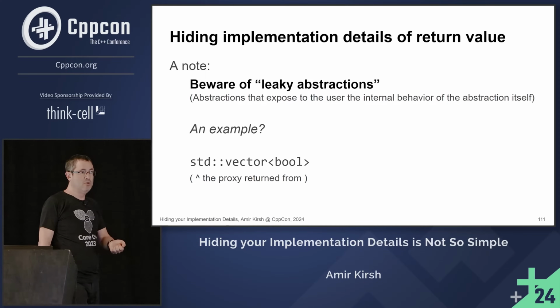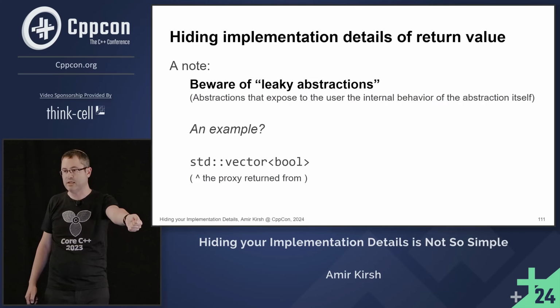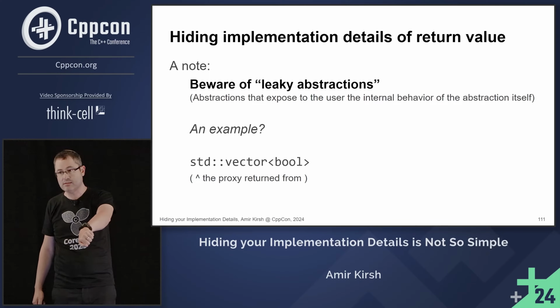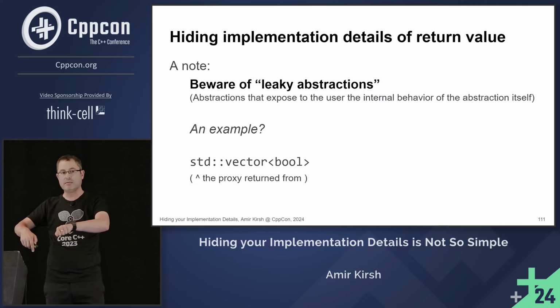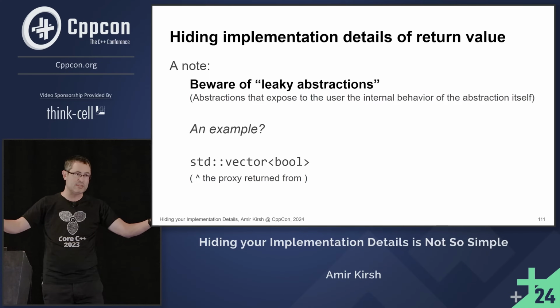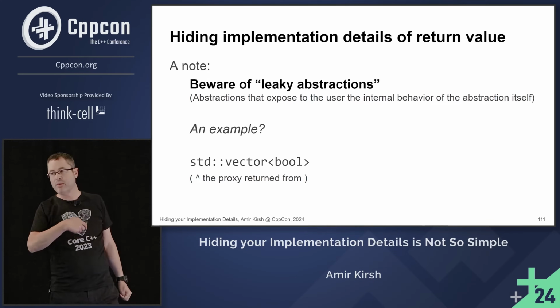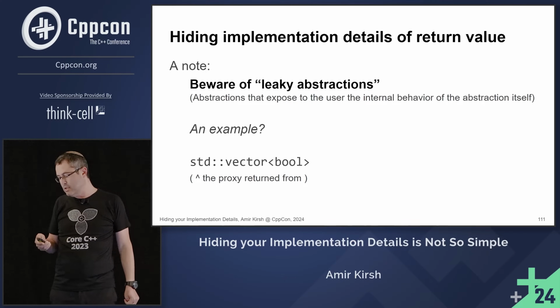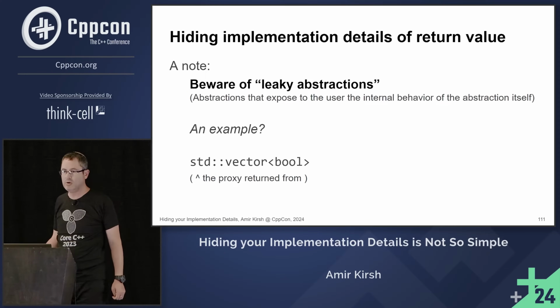But then when you want to get the value at index n, I can't return a bit by reference. So we return a proxy that represents the bit. And then any operation on the proxy eventually propagates to the bit, either reading or writing. And it works. But in a way, maybe you know that, maybe you will read about that, it doesn't behave exactly the same as any other vector.